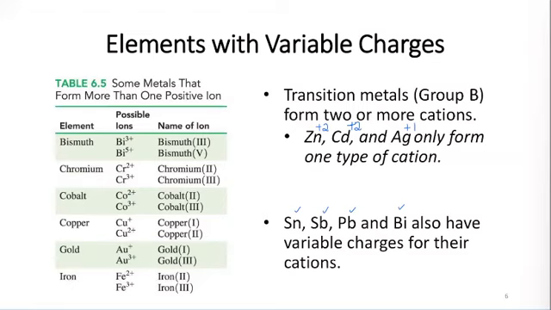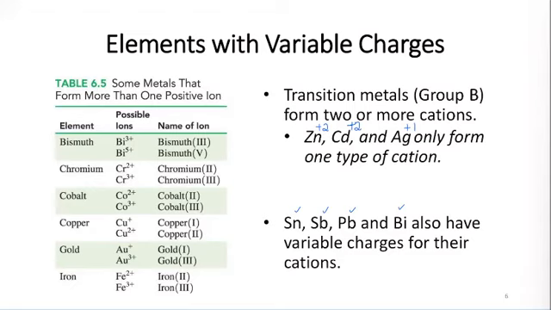In table 6.5 in the textbook, you have some examples of the different charges that these atoms can form. As you can see, bismuth can be found as +3 and +5. There are other charges that it can actually form. It's also showing you chromium, cobalt, copper, gold, iron.